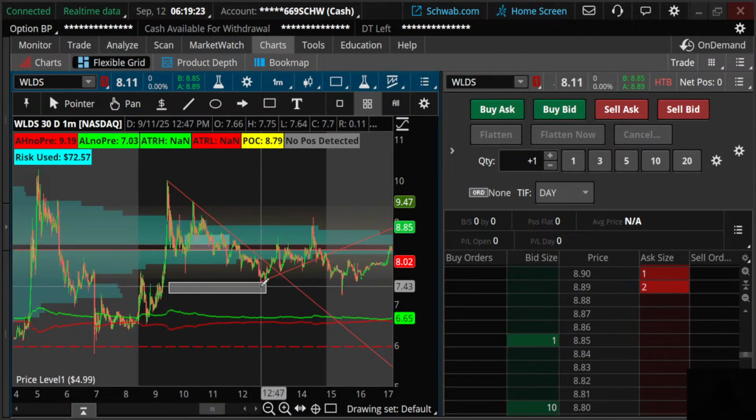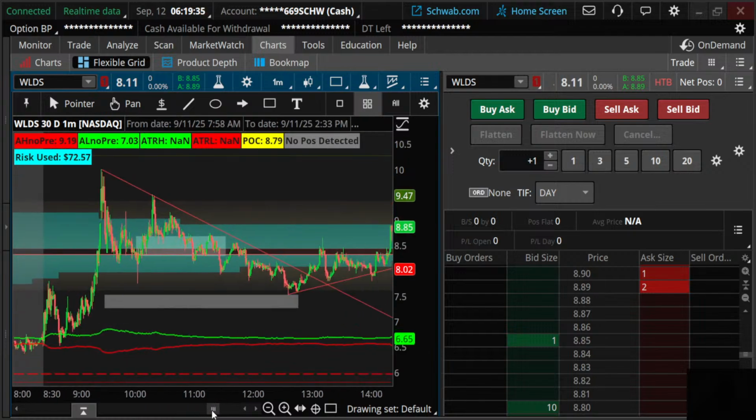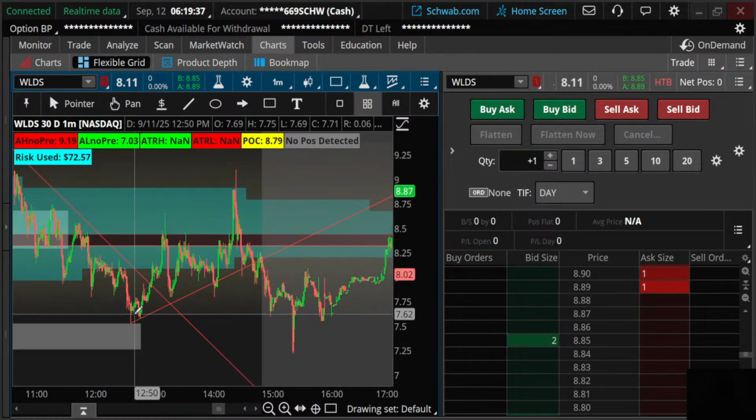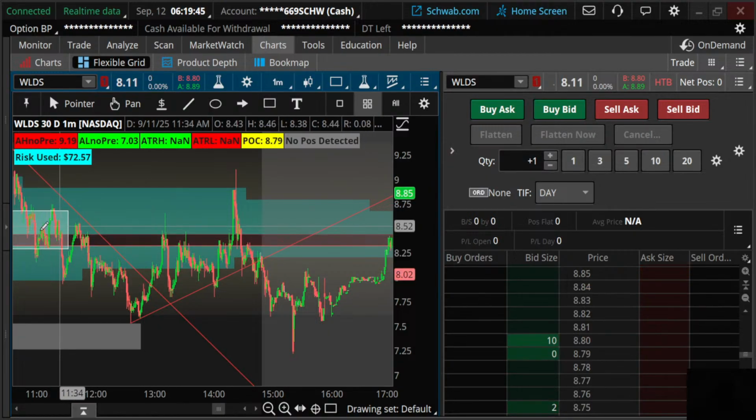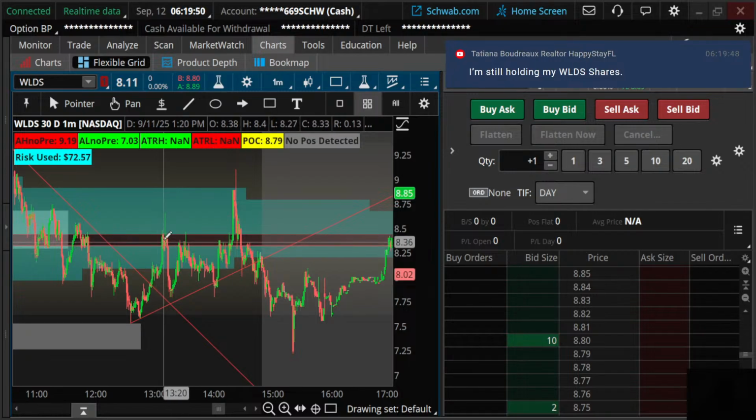I was looking for it to hold this 750 level, which was in earlier in the day. It was the point of control where a lot of volume had come. It came down and spiked off of this 750, and I was getting in right in this little spike here, down in here. Now, I actually thought I got in on this one. I thought it was gonna stop me out here, but it did not come down into the zone and stop me out. Went on up, went and touched this 850, and that's where I was taking my profit.